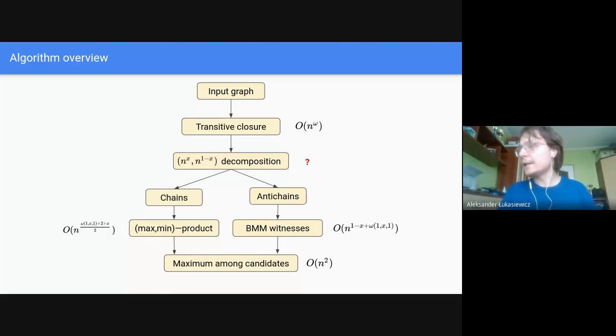So basically, these techniques were pretty much known before. However, the key ingredient is how to compute this decomposition efficiently.